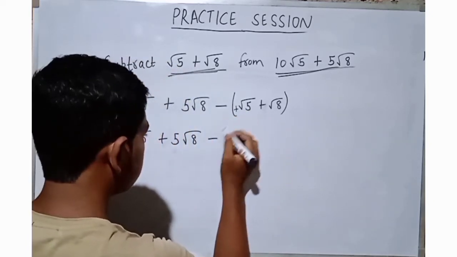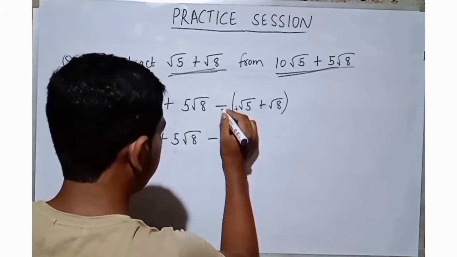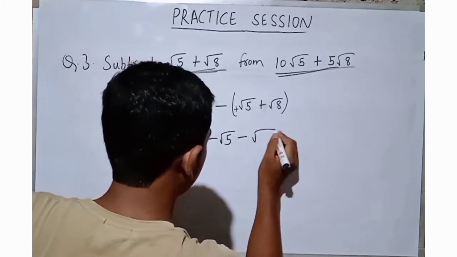Plus times minus gives minus root 5, and here minus root 8.